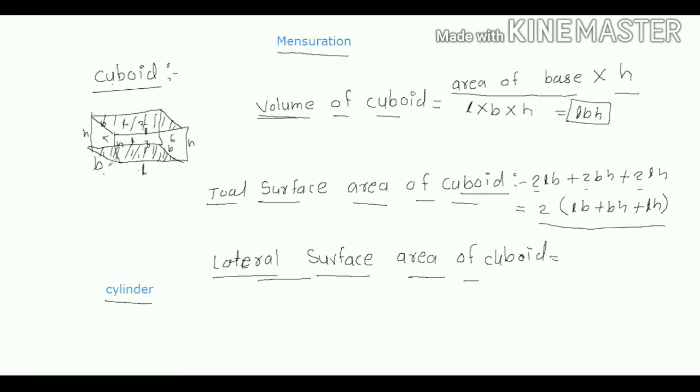It means that length into breadth is removed. Then we get 2BH plus 2LH. If we take the common factor 2h, we write 2h in front and in the bracket b plus l. This is the formula for the lateral surface area.